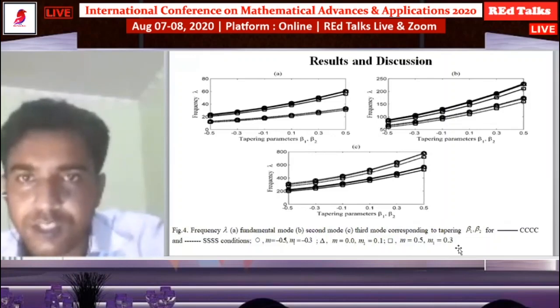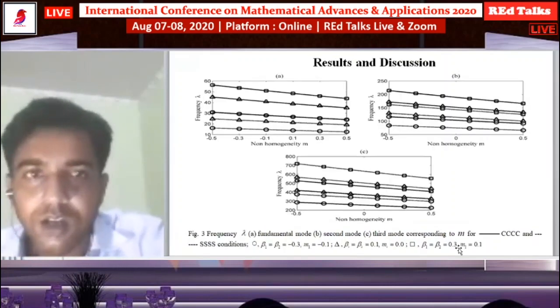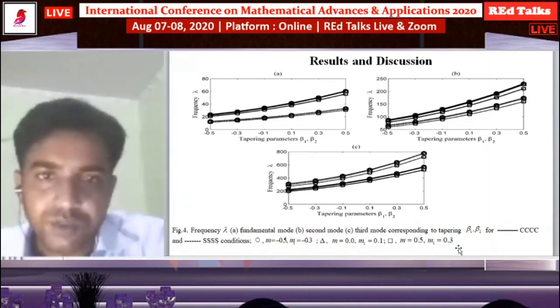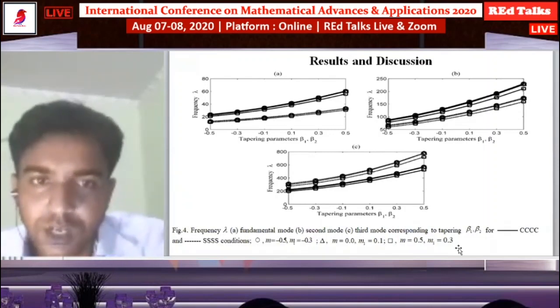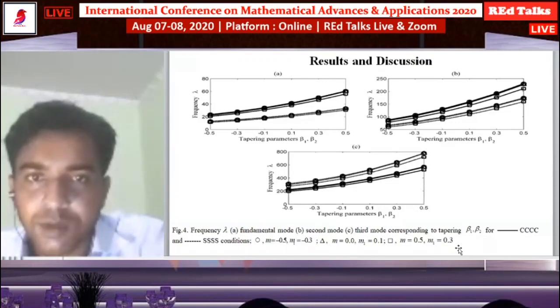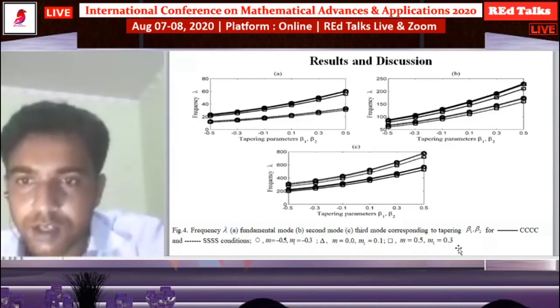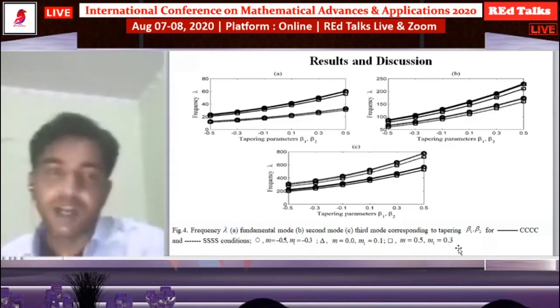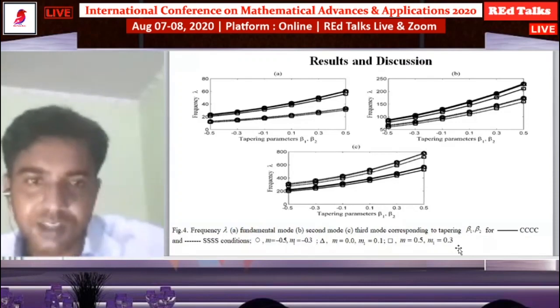This figure is another result discussion about the tempering parameters, and lastly the non-homogeneity. This figure is for the tempering parameters beta 1 and beta 2, for all edges clamped and simply supported conditions.